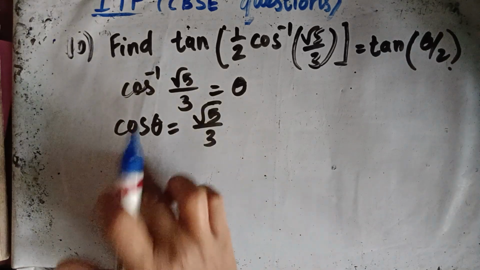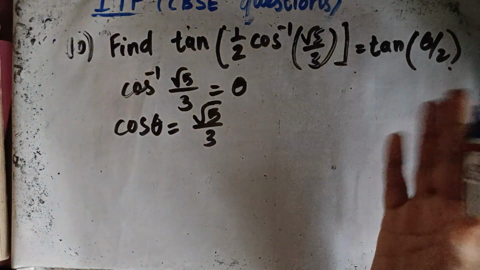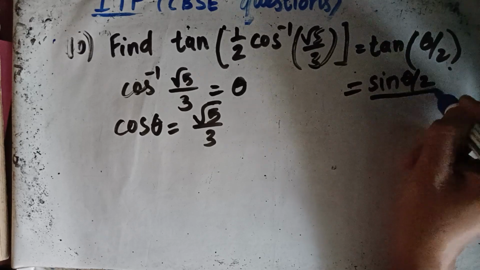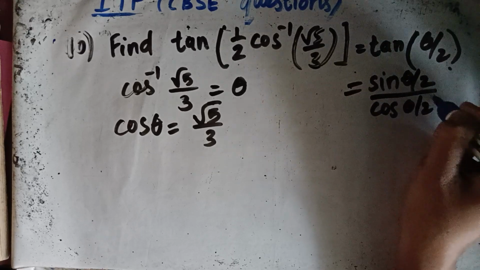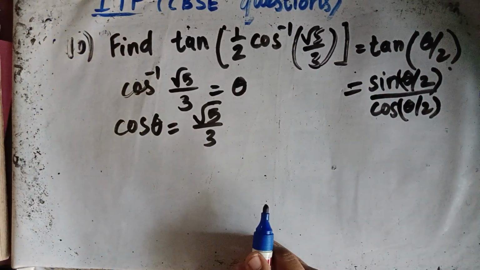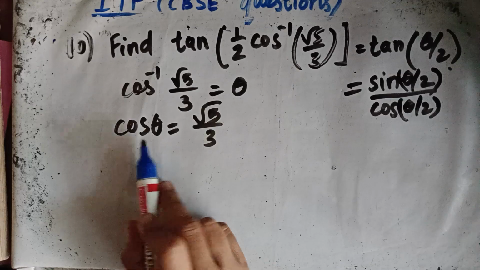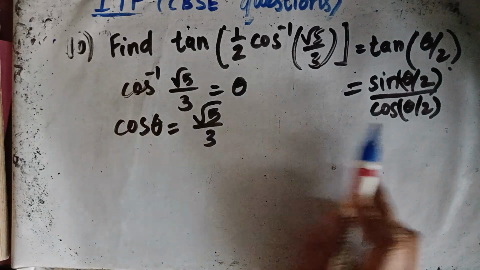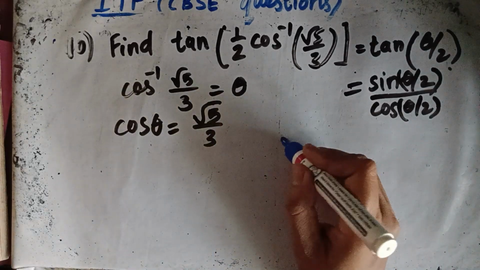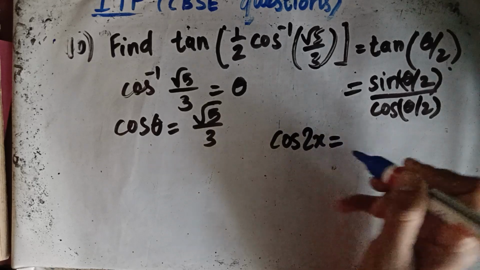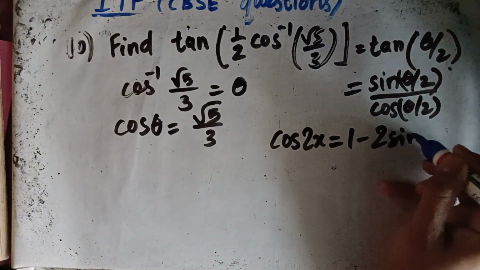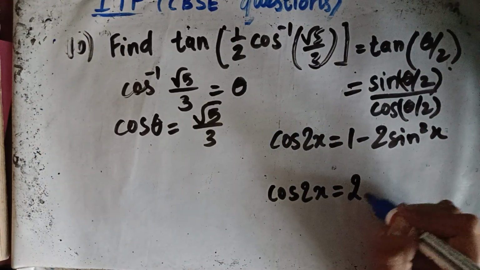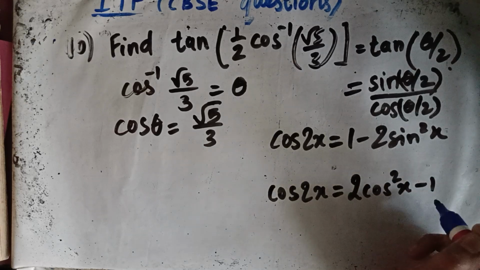Now we have to write this cos theta in terms of some half angle. Tan theta by 2 we can write as sin theta by 2 upon cos theta by 2. Cos theta we can write in terms of this half angle formula, that is cos 2x we can write as 1 minus 2 sin square x, and the same way cos 2x you can write as 2 cos square x minus 1.